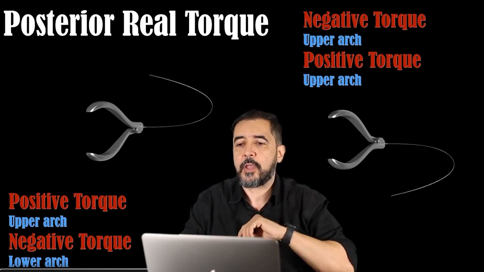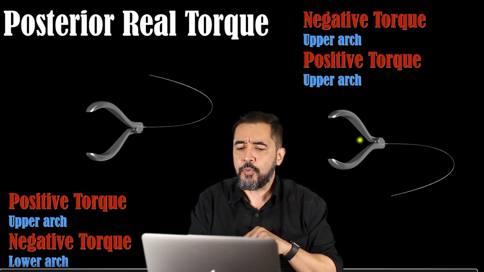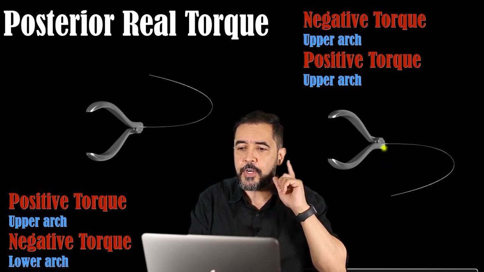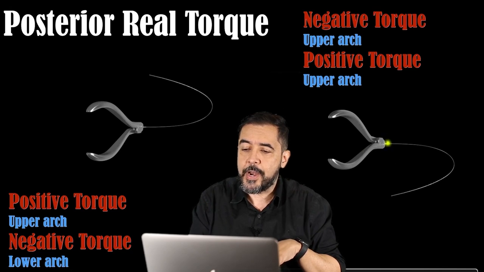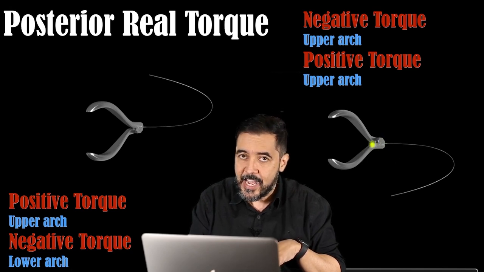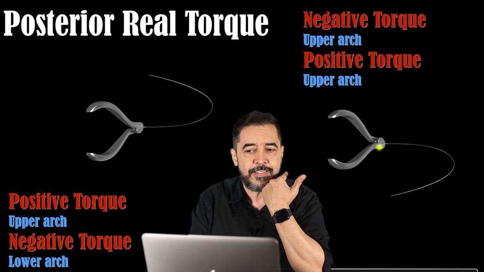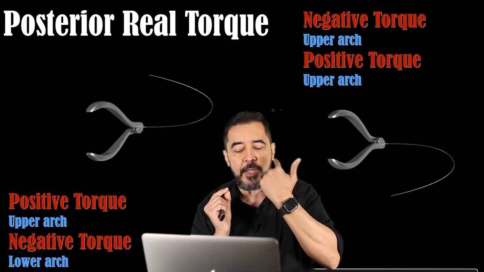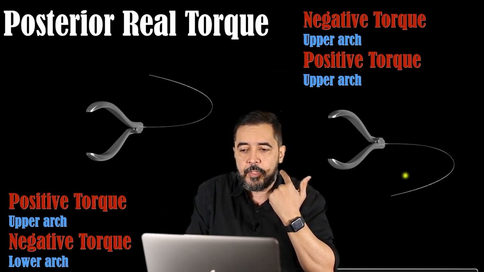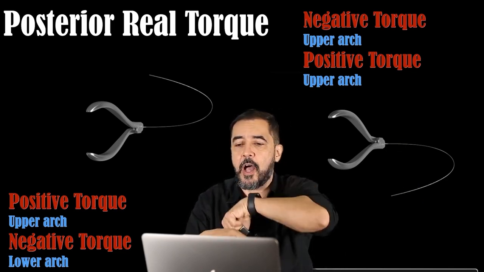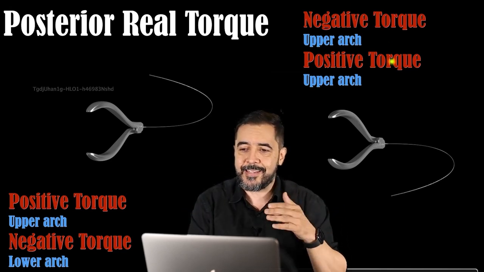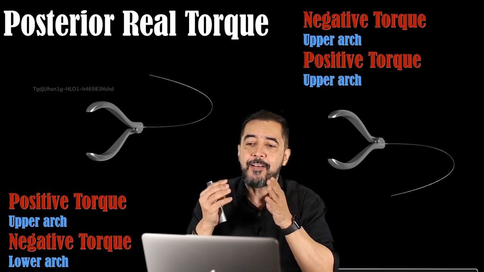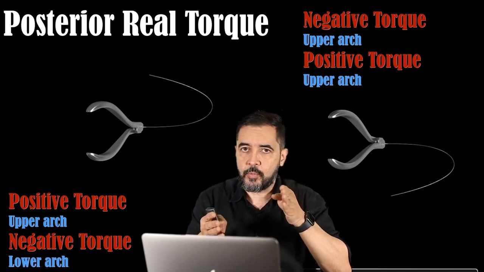Always real torque, okay? And here, for the upper arch, if we grab our arch wire in the posterior part of it, and this side, of course, when it goes inside the tube, inside the brackets, and we go up with the opposite end, the opposite tip, to insert in the opposite tube, in the opposite brackets, we're going to have, in an average situation, a negative crown torque.